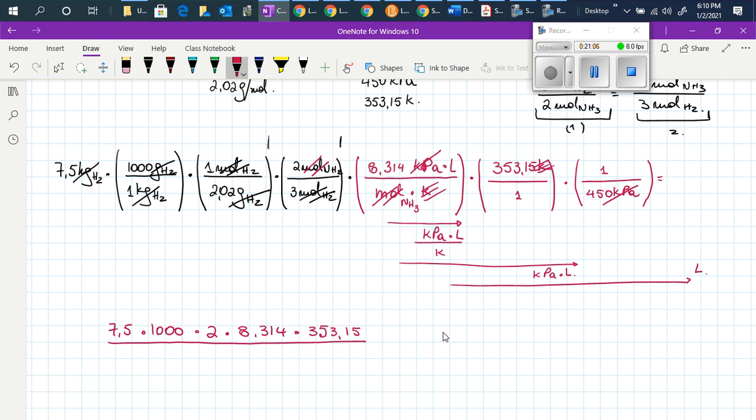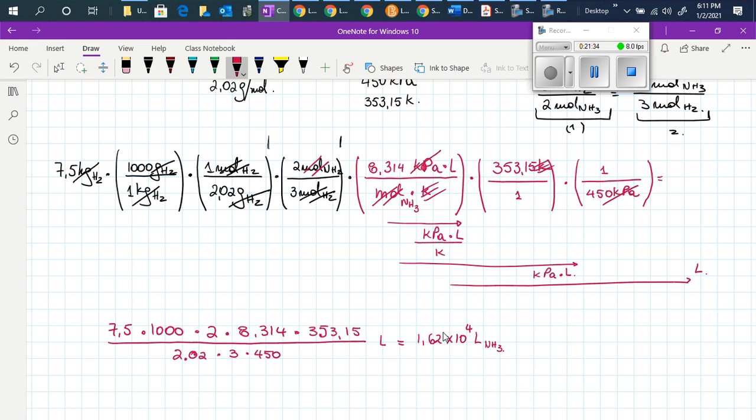The whole thing is divided by 1 times 2.02 times 3 times 450, and the units are liters, and this is what we are looking for. At the end, you will have 1.62 times 10 to the power of 4 liters of ammonia.